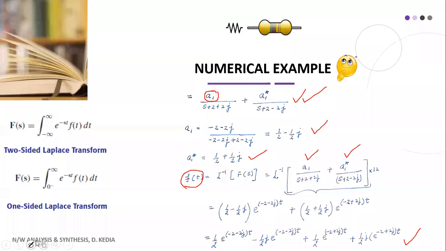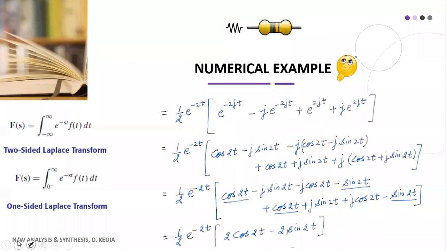We have discussed this in detail. Then after you solve this further, and use the trigonometric expansion for these exponential terms, and combine the real term and the complex term, you get this final result.